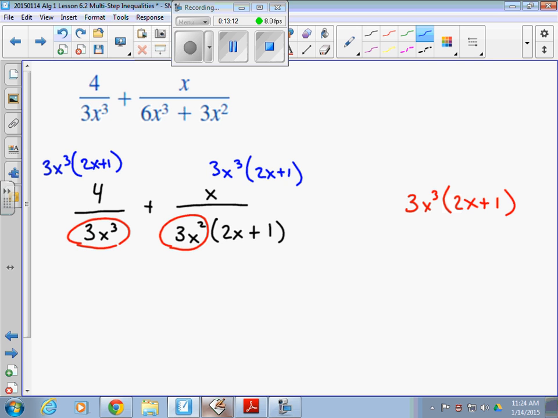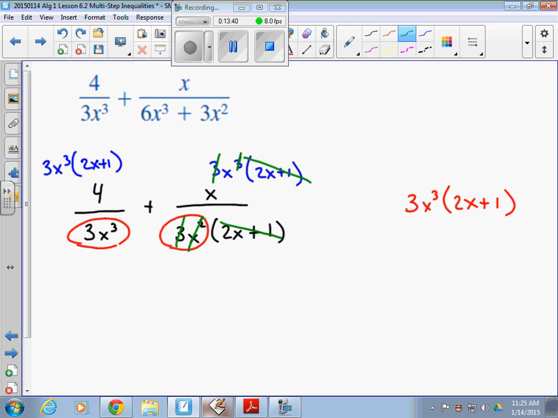Now we can clearly see that we can cancel out 2x plus 1 over 2x plus 1 right there. Simple. You also have 3 that you can cancel out right there. And you also have x to the third power divided by x squared, which means you can cancel x squared out, and simply leave it with x to the first power.